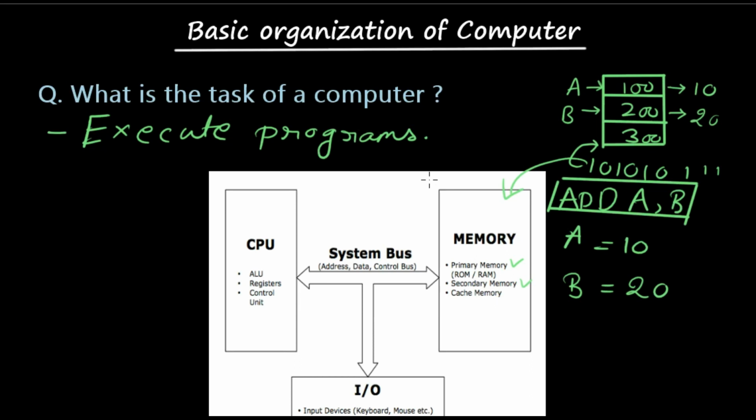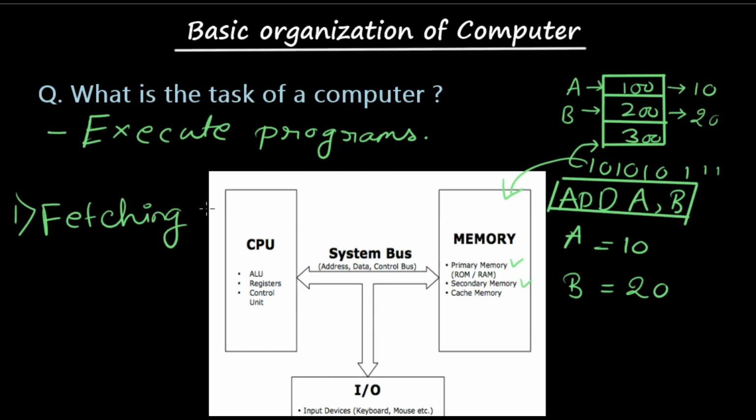This is very simple common sense. So the first step is fetching the instruction. What is meant by this? The instruction is brought from main memory to the central processing unit.